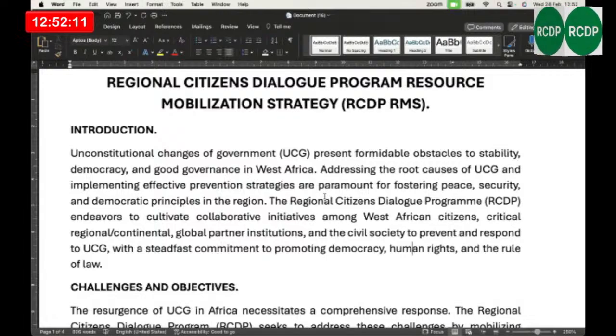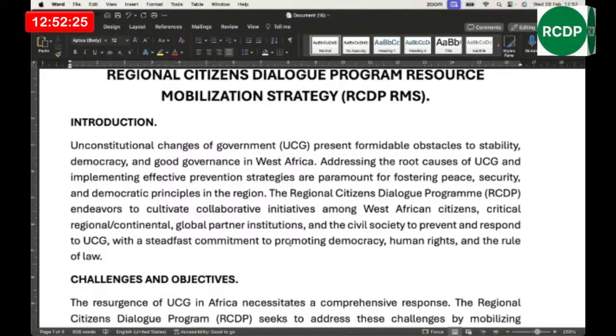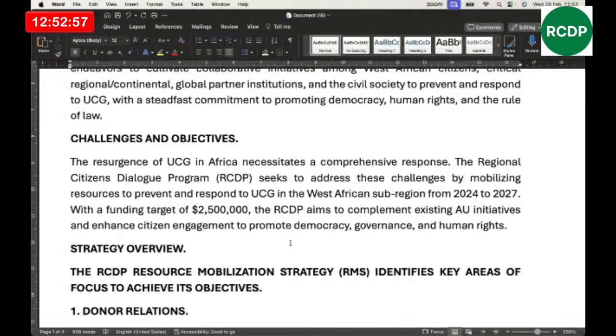So therefore, the Regional Citizen Dialogue Program is endeavoring to cultivate collaborative initiatives among West African citizens, critical regional and continental global partner institutions, and the civil society to prevent and respond to UCG with a steadfast commitment to promote a comprehensive response. That's why we are here, trying to look at solutions for this.